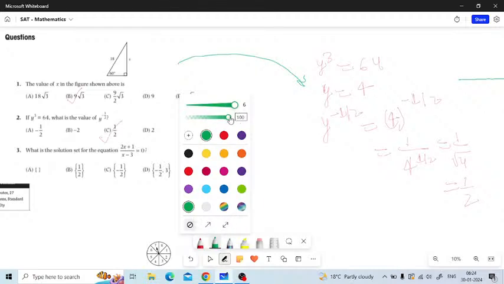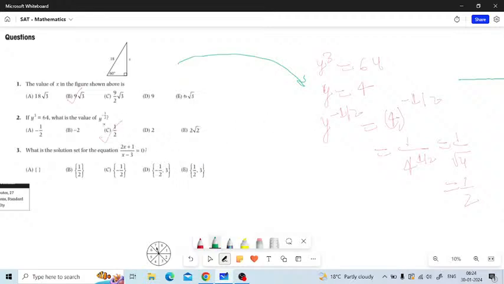Now the third question is the solution of 2x plus 1 divided by x minus 3 is equal to 0.